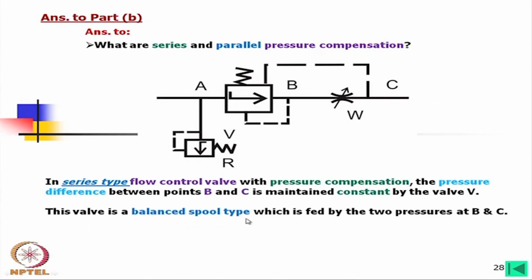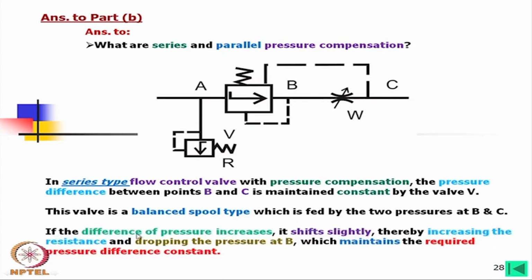This valve is balanced spool type, which is fed by the two pressures at B and C. If the difference of pressure increases, it shifts slightly, thereby increasing the resistance and dropping the pressure at B, which maintains the required pressure difference constant.